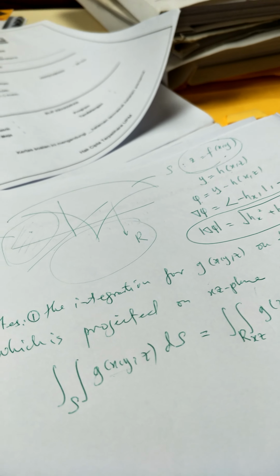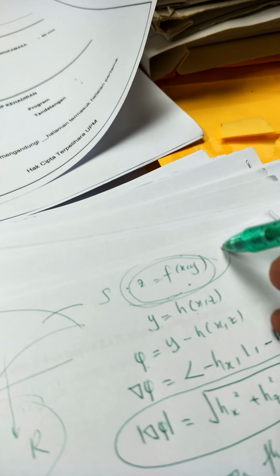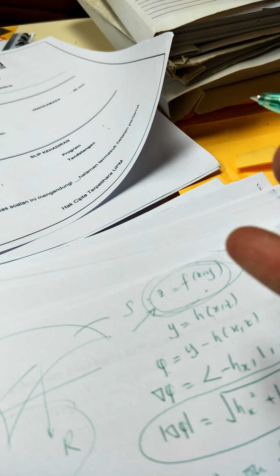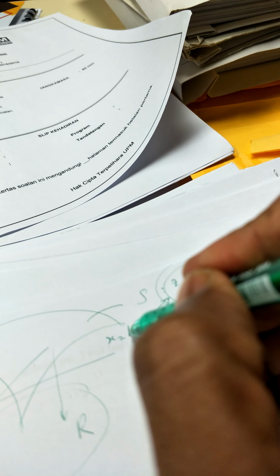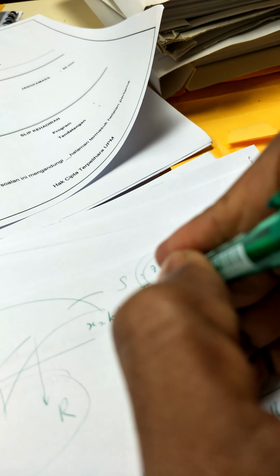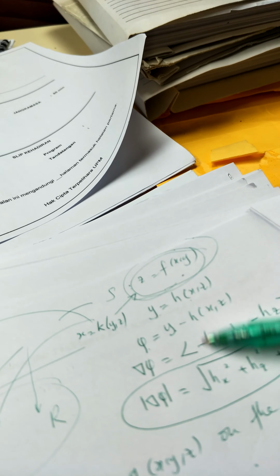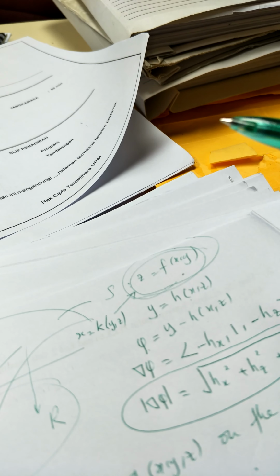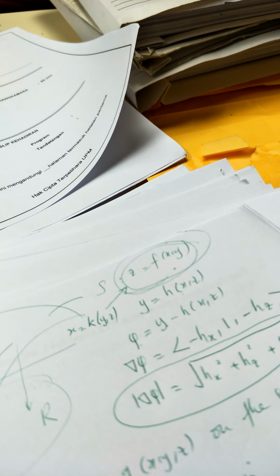For that purpose, you can always write the given surface as a function of y and z. So I can write x equal to some function k of y and z. The rest you can do with the same process to find the magnitude of del phi, to substitute the dS.